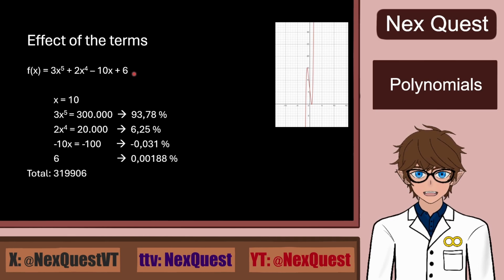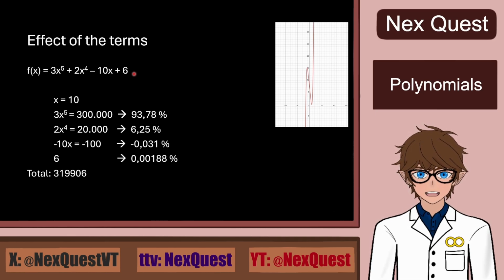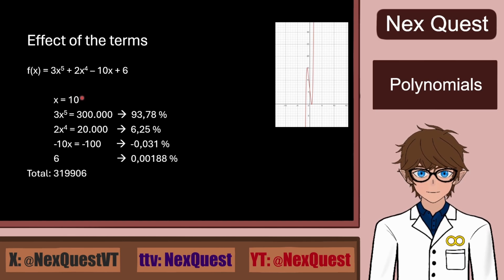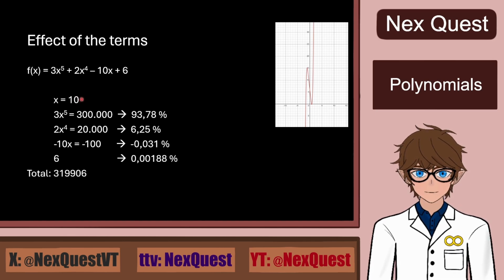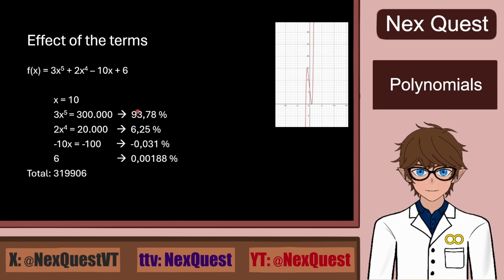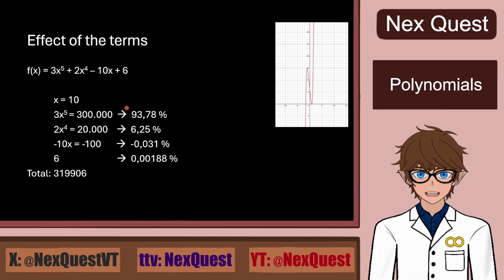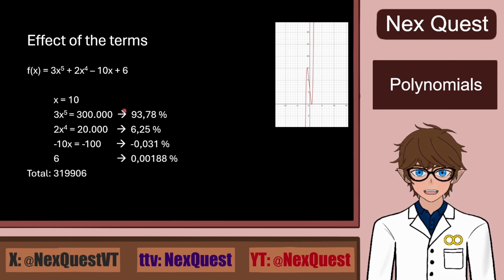You don't have to know these percentages, but they're just to show you how hilariously fast this changes. We only increased our x by 5, or doubled it, and the leading term went from 88% to 93%. Now let's check for x is 100, so 10 times bigger.